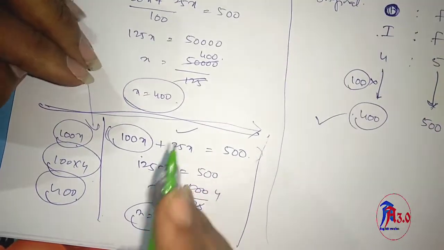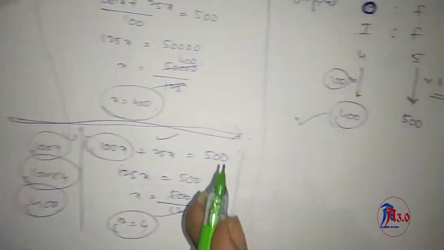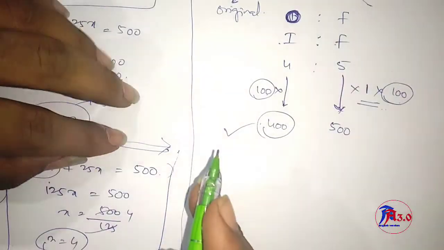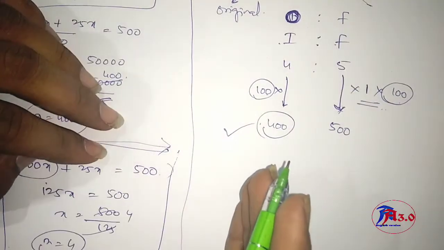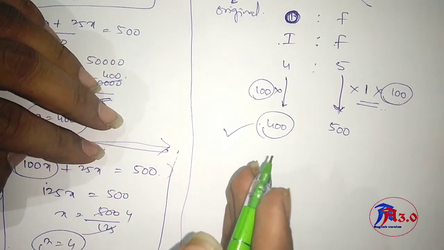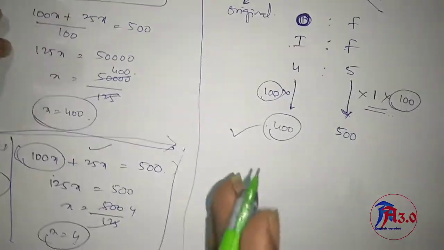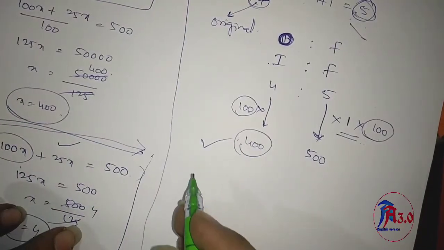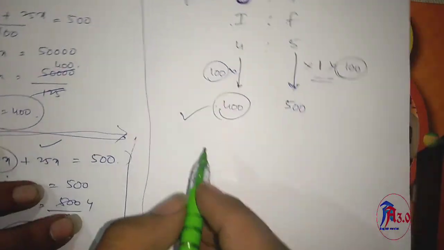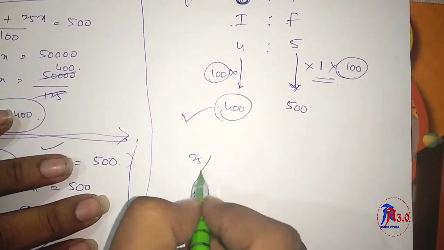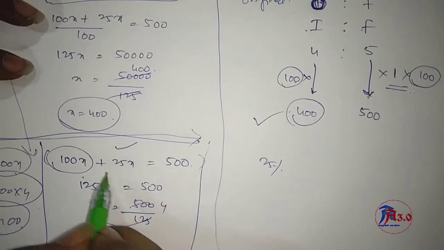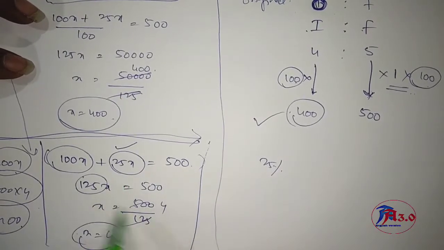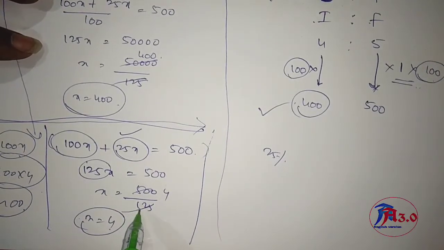But the competitive exams will raise the question, that means it will make the questions tougher level. So how the question becomes tougher is, see here, he asked about 25 percentage. It is easy to calculate, and our calculation becomes easy.